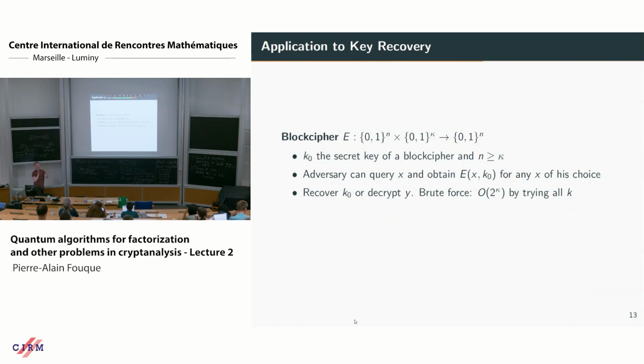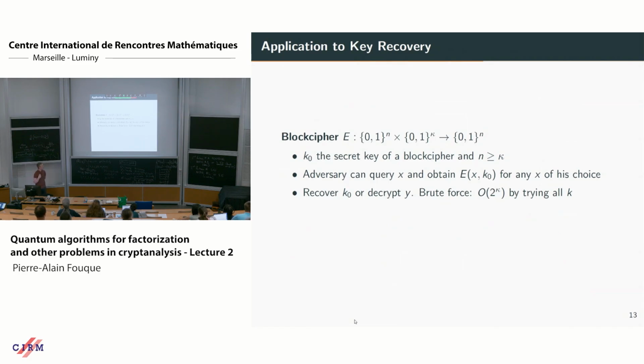You can concatenate many outputs of the function. So the idea now is that the adversary can always query X and receive the corresponding ciphertext, but assume that he got a plaintext and ciphertext pair, Y, and he wants, in fact, to recover the key K0 that maps X to Y. Usually to do this, we can use what is called brute force.